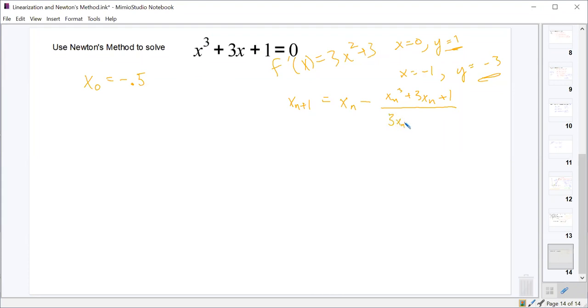So the derivative at the previous guess. This is the formula that you're going to use. You're going to plug in -0.5 into this and get an answer. And then plug in your new answer into this and get a new answer. And then plug in that new answer and get another new answer until we have, how accurate do I want this? I want this to be accurate to either 9 or 10 decimal points. How long do you think that'll take?